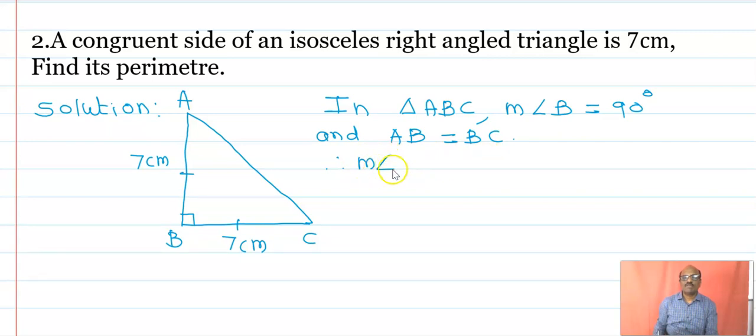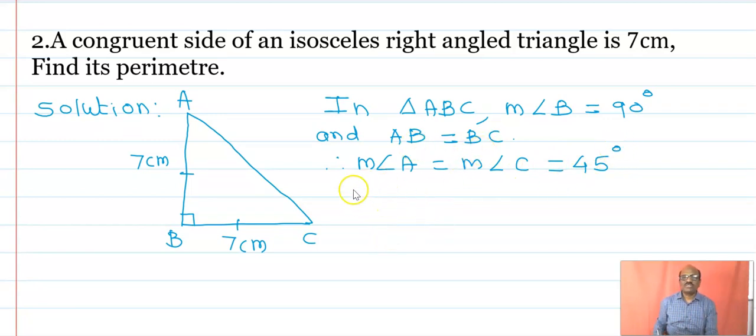Therefore, the measure of angle A is equals to measure of angle C. Okay. Measure of angle C, and that is equals to 45 degrees.